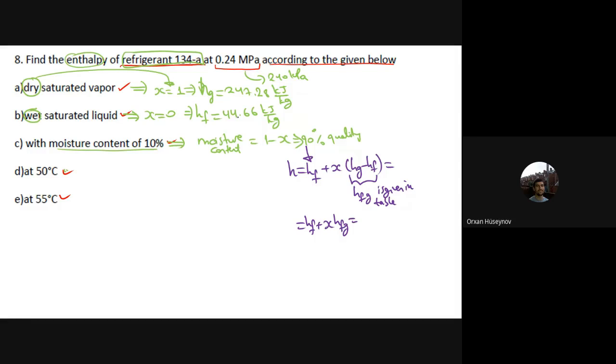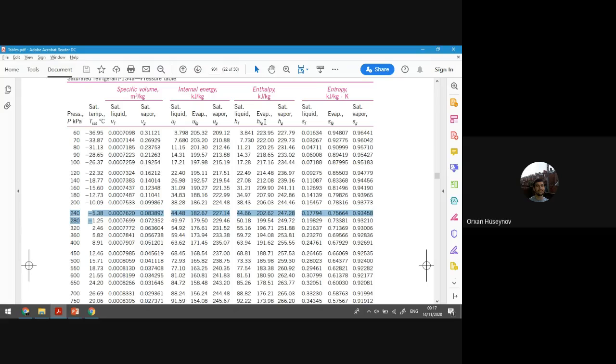The HF value I've taken from the table, which is 44.66, plus the quality is 90%, therefore 0.9, multiplied with the HFG. The HFG is given in the table, but at the end it is the difference between Hg and HF.